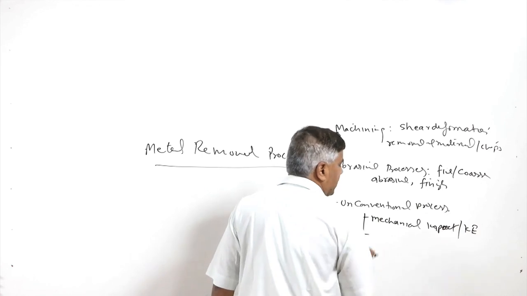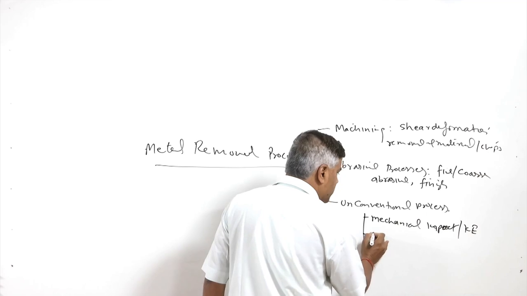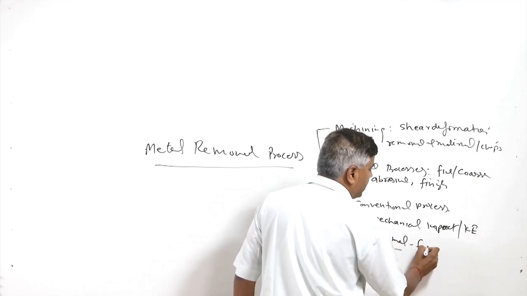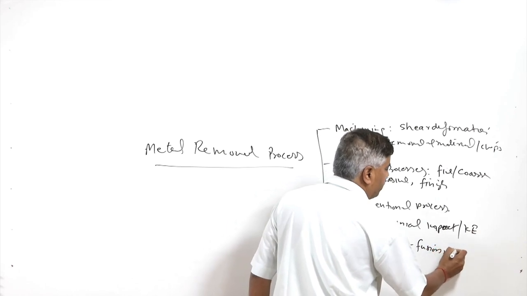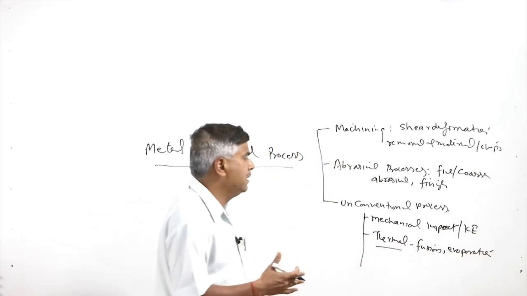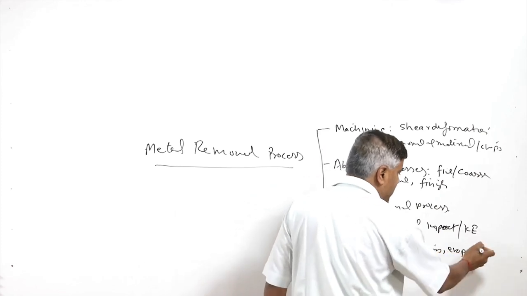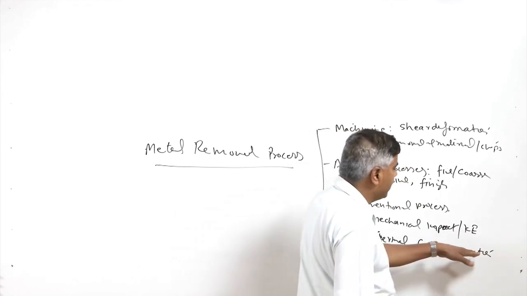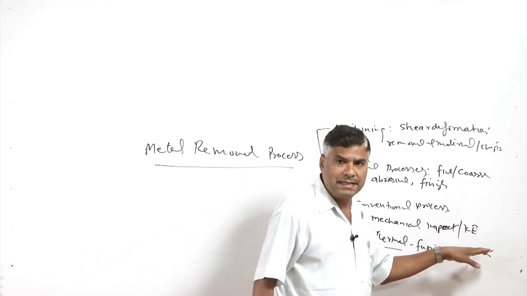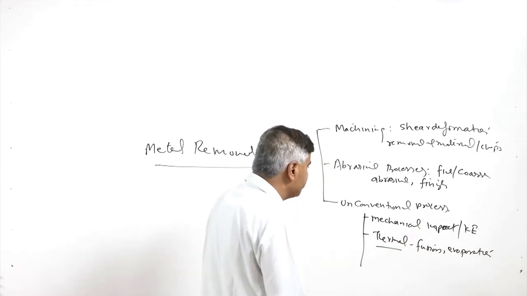Then it may use thermal energy for certain processes, so that either fusion or evaporation of the material can take place in order to remove the material from the stock. Not necessarily in these cases will chips be found, but the material will be removed in the form of vapors in processes like laser beam or electron beam machining, or in fusion the material is melted.